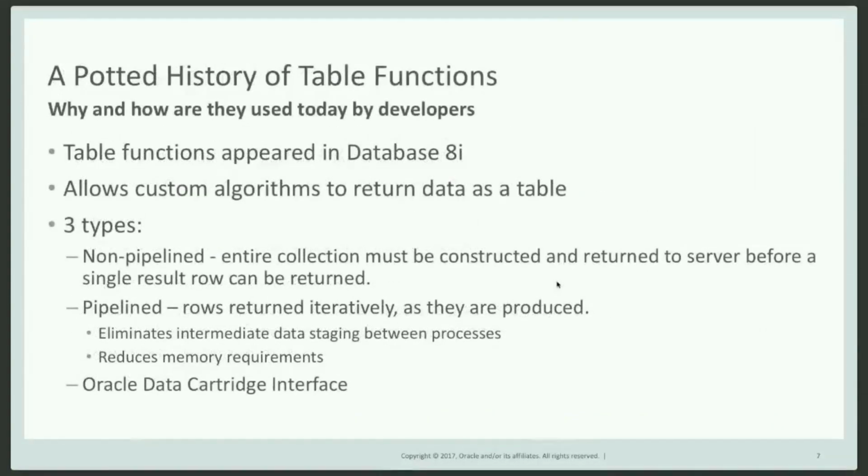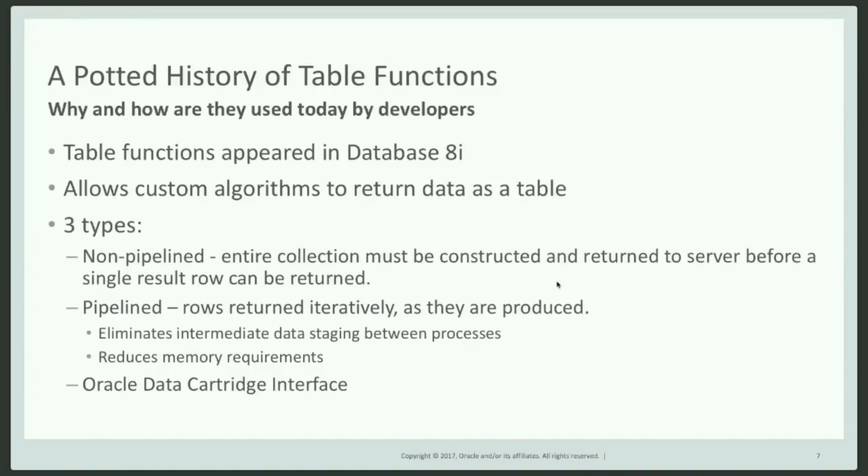So it first appeared in 8i. It's been around for a long time. The idea was that we were giving you the ability to create your own custom algorithms and embed those within an object, a table, that could then be reused by non-developers, non-DBAs, in a very simple way.